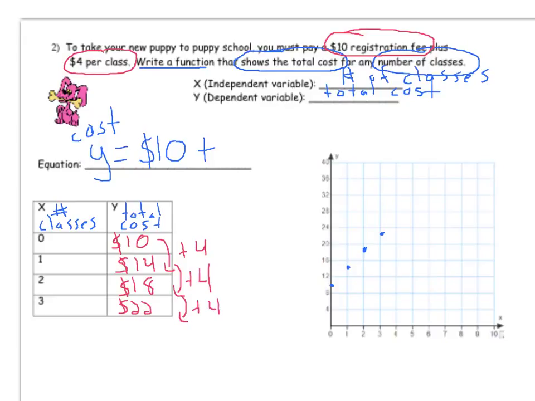And then we're going to add to it, if we continue to read, it's $4 per class. That literally means $4 for every x, because classes is represented by the variable x. So we can interpret this as $10 plus $4 for every class, or $4 for every x. We'll notice that this is actually in slope-intercept form.